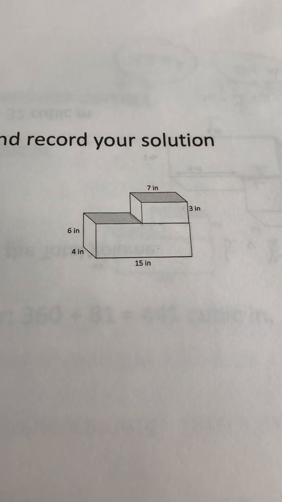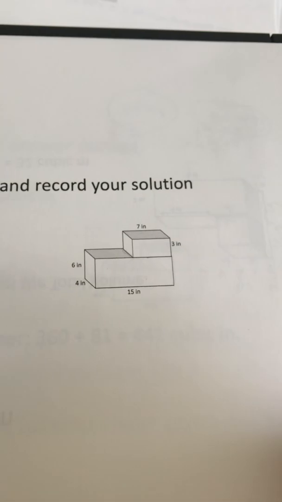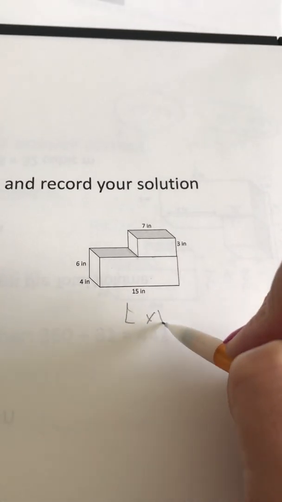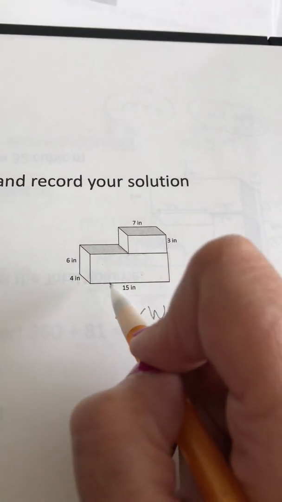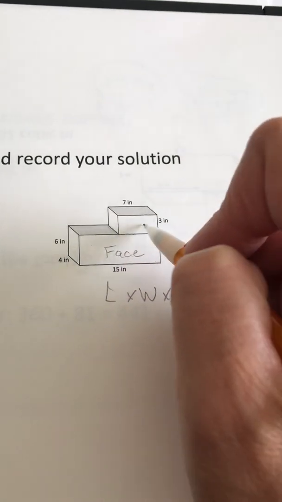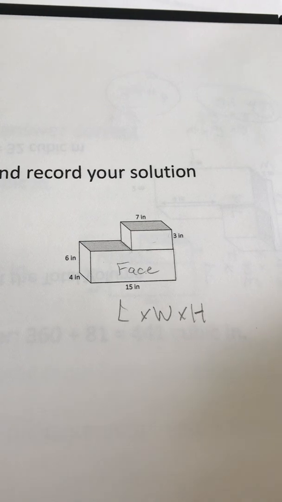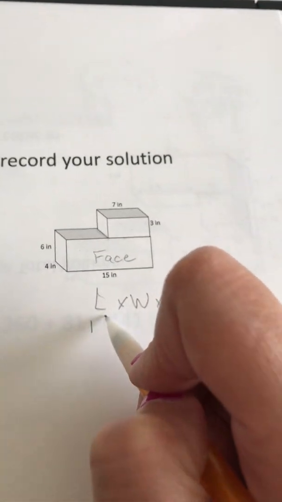Okay, so right now I want you to look at this bottom box. Go ahead and do the length times your width times your height for the bottom box. I see 15. Don't forget, this is the face. The front of the box is the face. So you've got 15 is your length.